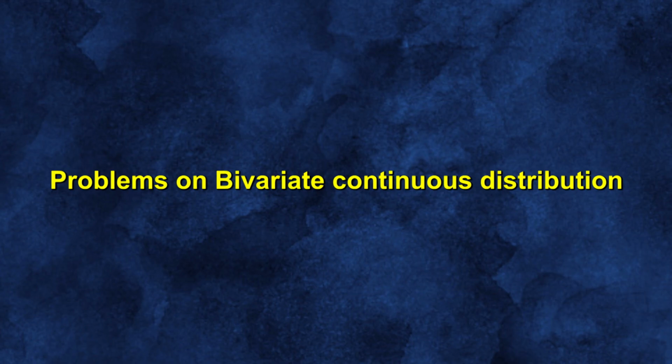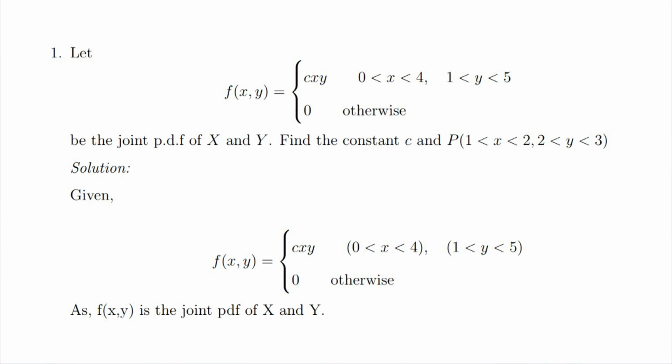Problems on bivariate continuous distribution. Let f(x,y) be equal to cxy in the range 0 less than x less than 4, 1 less than y less than 5, and 0 otherwise, be the joint probability density function of X and Y. Find the constant c and the probability of 1 less than x less than 2, 2 less than y less than 3.